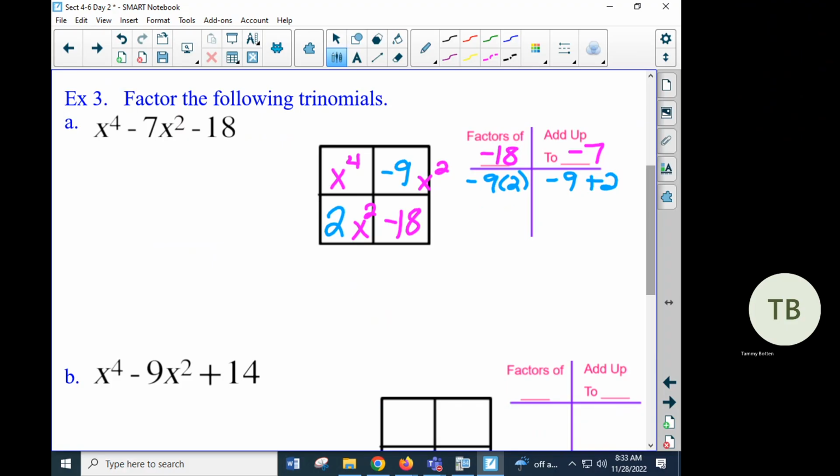Now, when that happens, and you have x to the fourth, you're gonna put x squared here and here, okay? And then you're thinking, what times x squared gives me negative 9x squared? That's a negative 9. And x squared times what gives me 2x squared? That's a 2. So x squared minus 9 is going to be one of our things. And then here it's x squared plus 2.